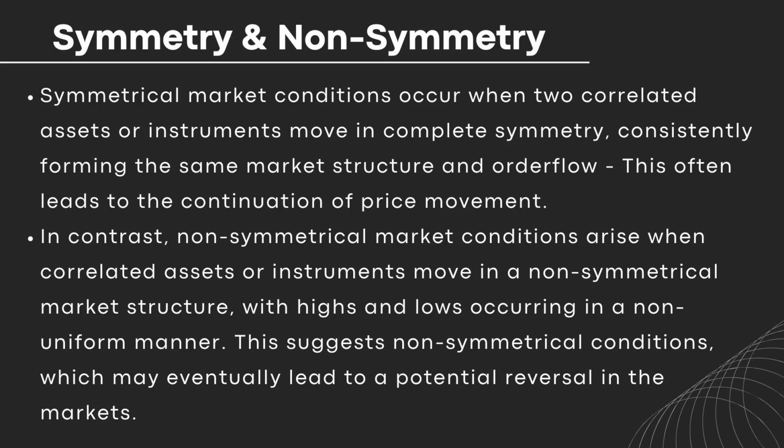On the other hand, non-symmetrical market conditions are those in which there is a clear discrepancy and variation between the order flow of two correlated assets or markets, right? This type of market condition arises when two correlated assets or instruments move in a non-symmetrical market structure and order flow, producing varying or different structure.